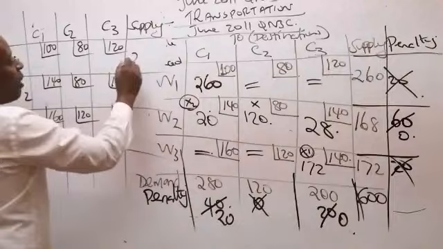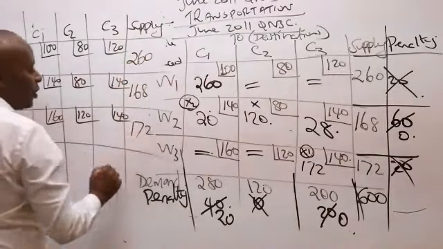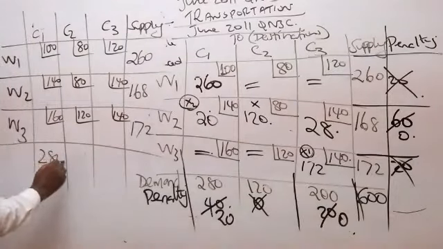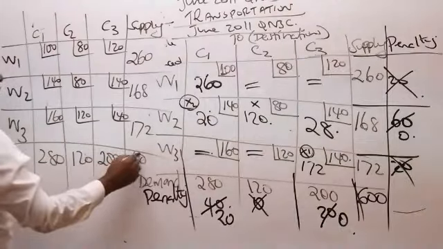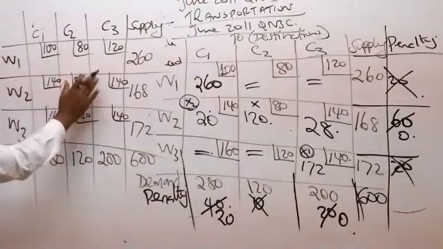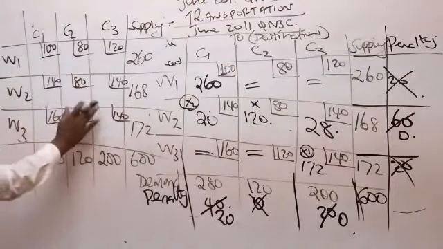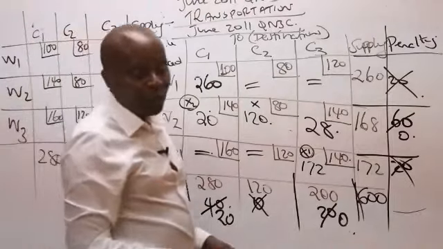And then we have 260, 168, 172, 280, 120, 200, giving us 600. So now I would want you guys to take a step of faith and fill these cells inside here using Vogel's approximation method without fearing anybody.